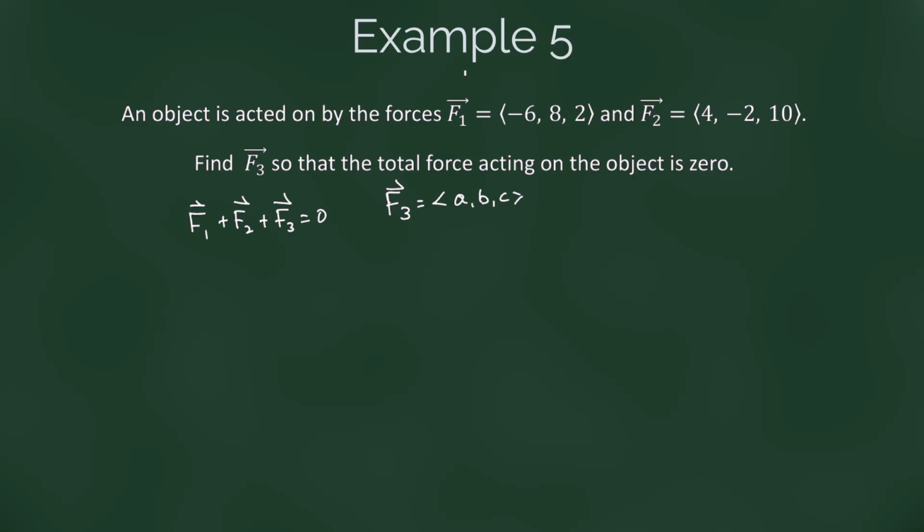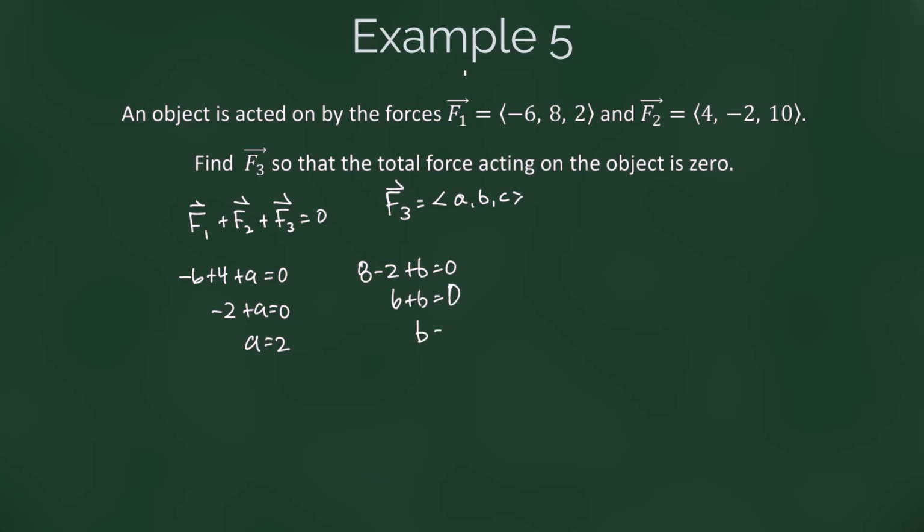So in other words, we need -6 plus 4 plus A to be 0. Well, that's -2 plus A is 0, so A must be 2. Then for our second component, we need 8 minus 2 plus B to be 0.